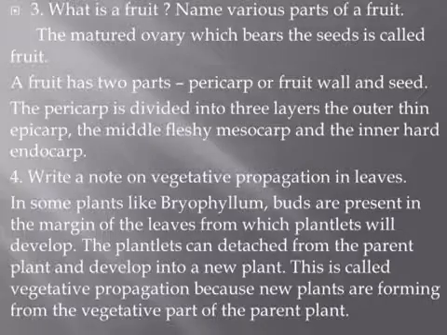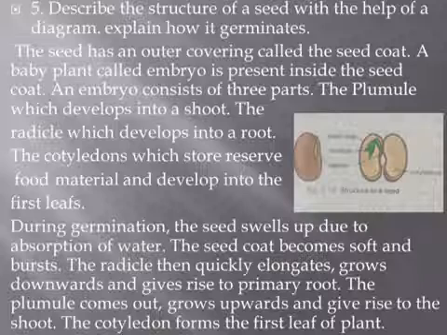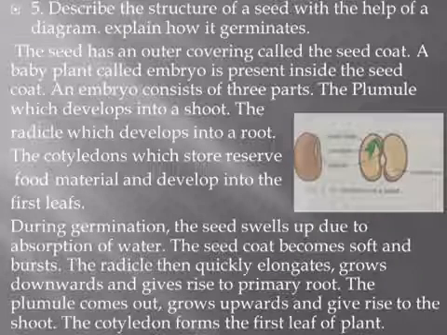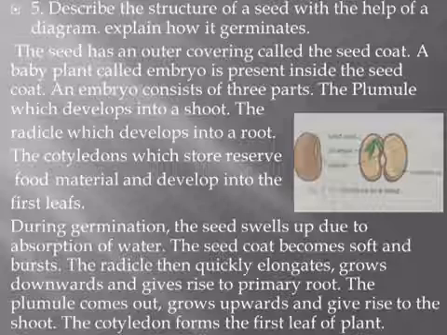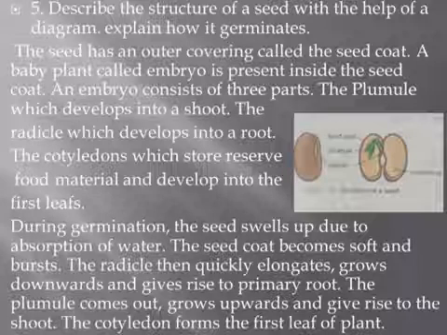Number 5. Describe the structure of a seed with the help of a diagram. Explain how it germinates. Now, the structure of a seed is: it has an outer covering called the seed coat. A baby plant called embryo is present inside the seed.